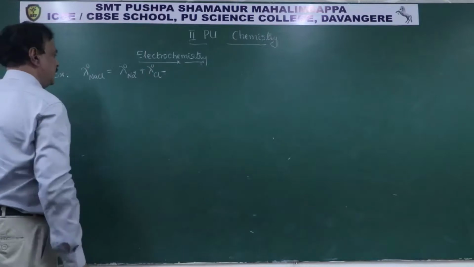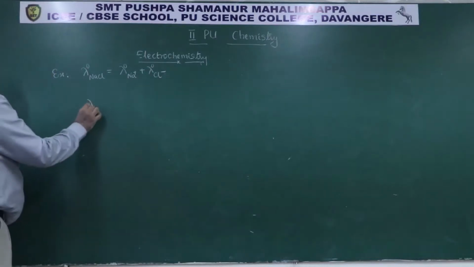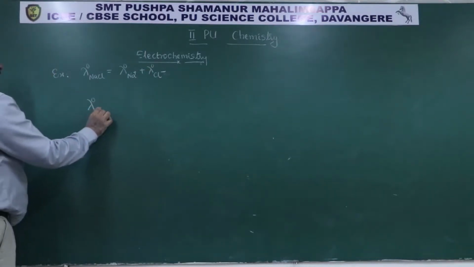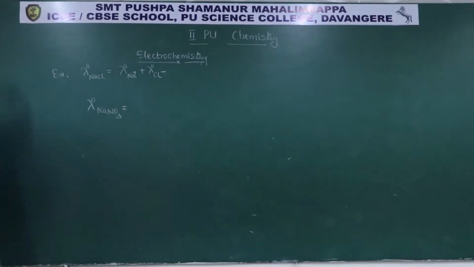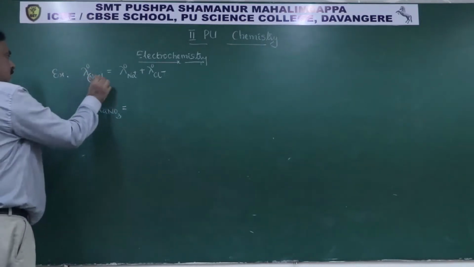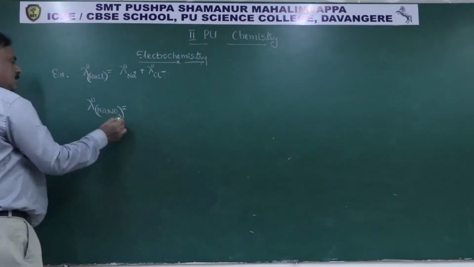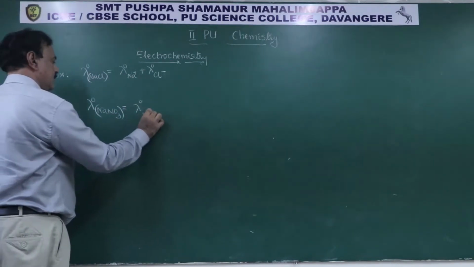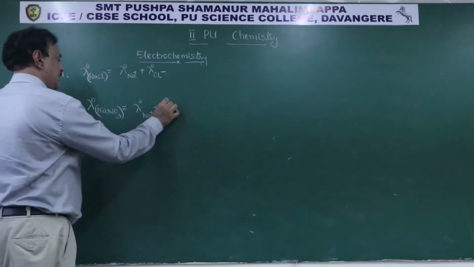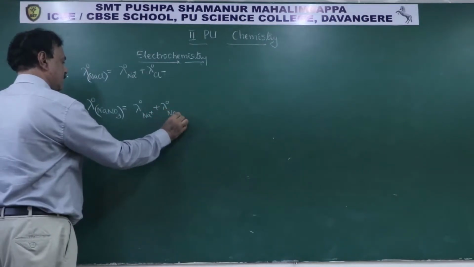Lambda naught of NaNO3 is lambda naught of Na plus plus lambda naught of NO3 minus.